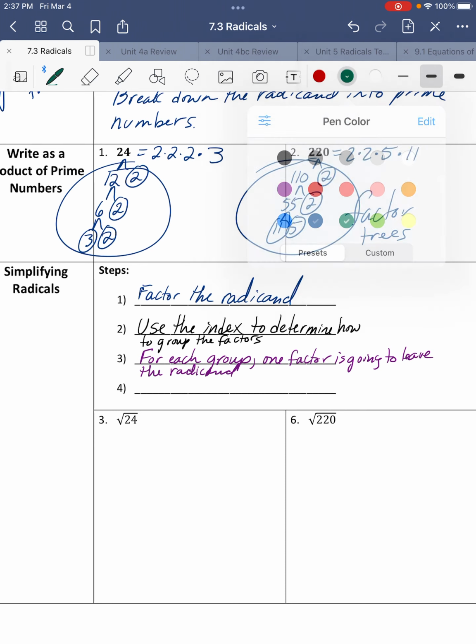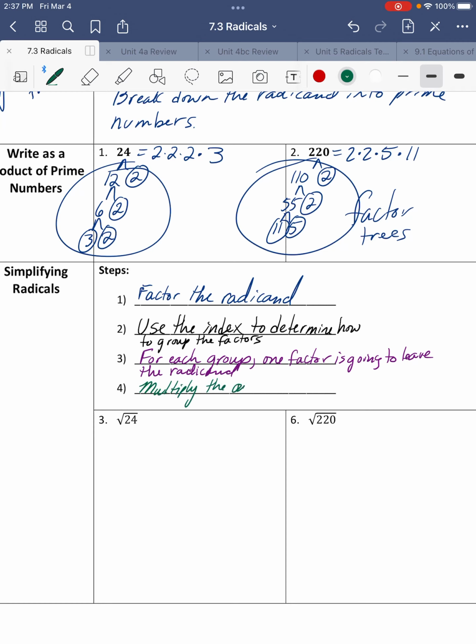And the last step is to multiply the outsides. Multiply the outside factors together, and multiply the inside factors together.